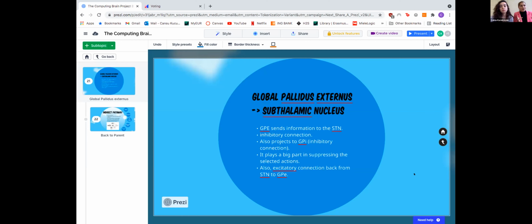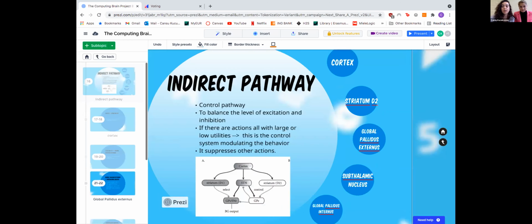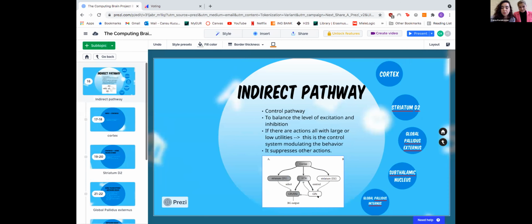And this is the part where it goes back to the direct pathway, and where the direct and indirect pathways talk to each other. Yeah, it's kind of like a competition happening in order to choose one action at the end. So here in the GPI part, we have an inhibitory connection going both to the subthalamic nucleus and to the thalamus.